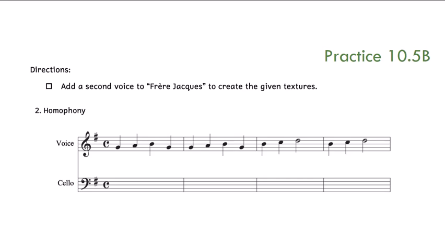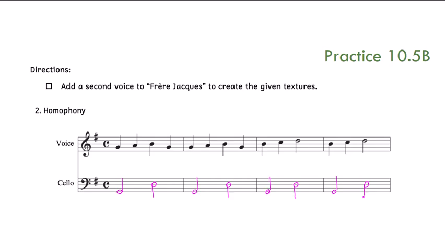Number 2 asks for homophony. So this is melody and accompaniment. Again, there are so many different options you have here. I'm going to do something very conventional and boring. So all I'm going to do is I'm just going to repeat G and D over and over. So you can clearly see that the cello is not the melody, that this is purely accompanimental.